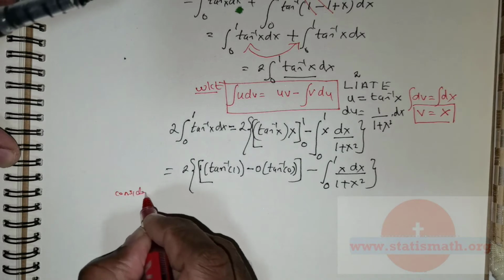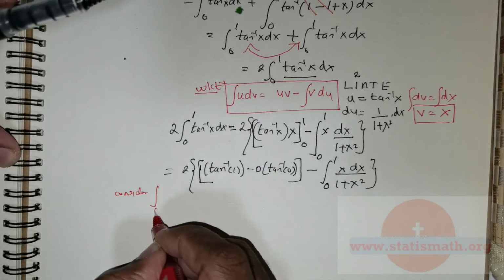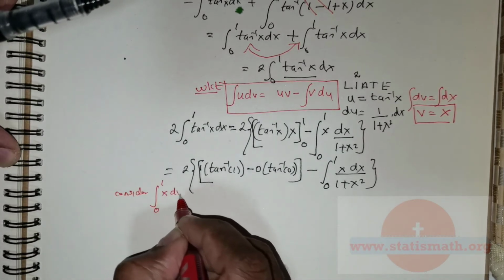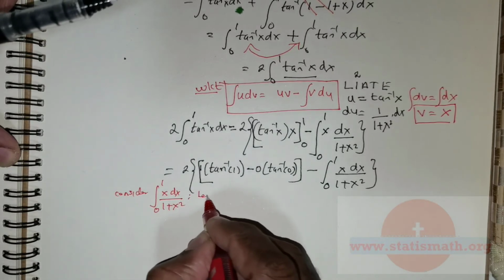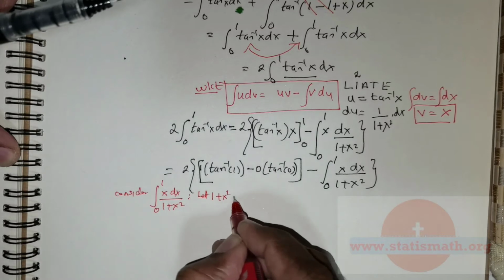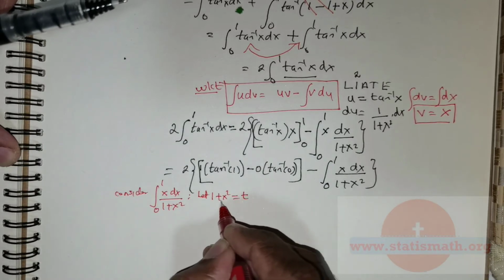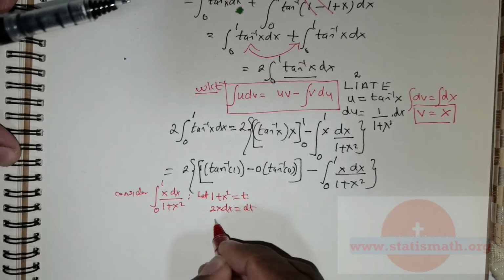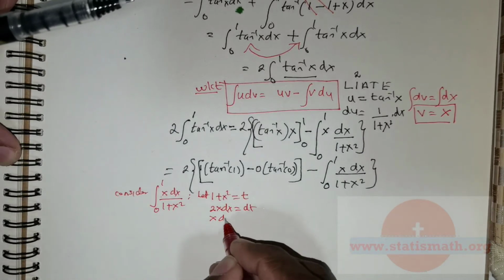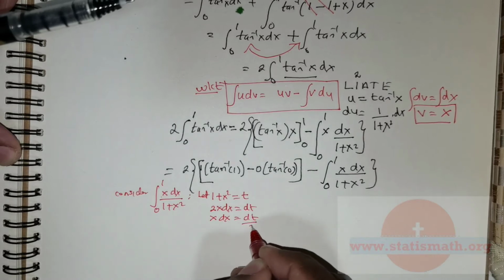Consider the integral from 0 to 1 of x dx divided by 1 plus x squared. I let 1 plus x squared be equal to some t. When you differentiate, you get 2x dx equal to dt. We only have x dx, so x dx is dt divided by 2.